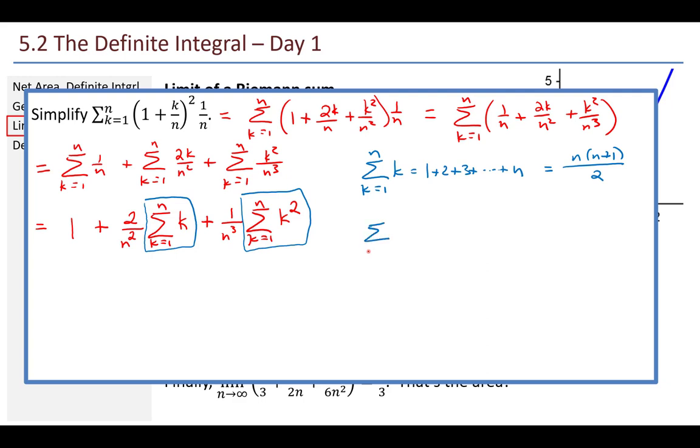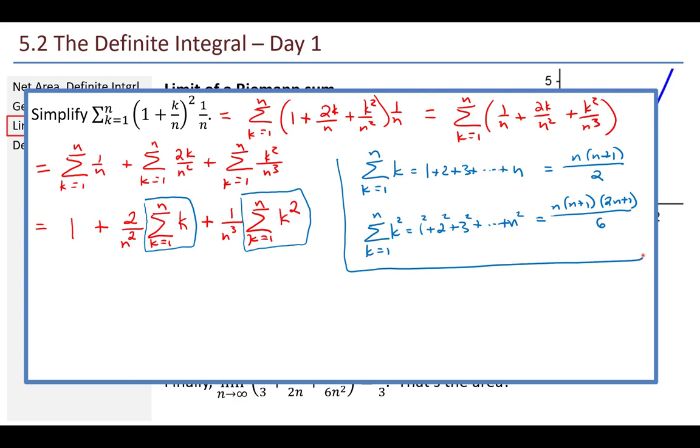And it also turns out that the summation k equals 1 to n of k squared, that's just 1 squared plus 2 squared plus 3 squared plus all the way up to n squared, has a formula also, n times n plus 1 times 2n plus 1 all over 6. You don't need to memorize these, and at times that you will need them in problems, I will show them to you, so you'll have those ready when you need them.